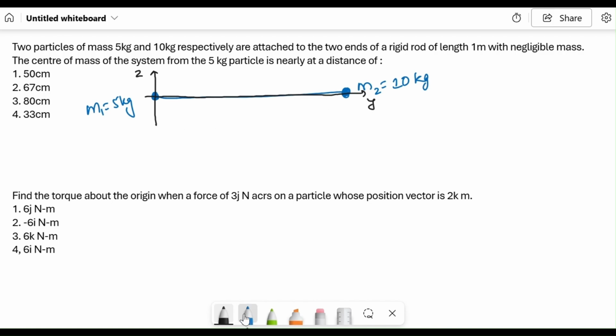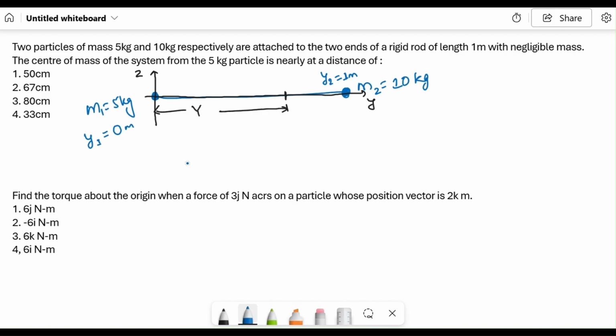In this case, m1 is 5 kg and y1, the position along the y axis of this 5 kg mass, will be 0, and this 10 kg mass will be at 1 meter as given in the question. Let's say the center of mass is lying at a distance y from this 5 kg mass.